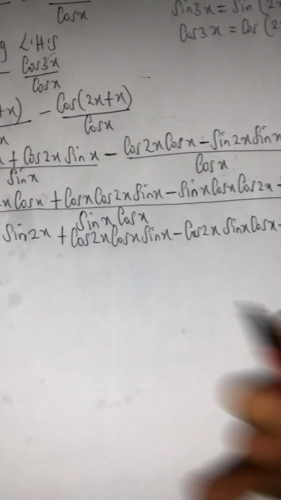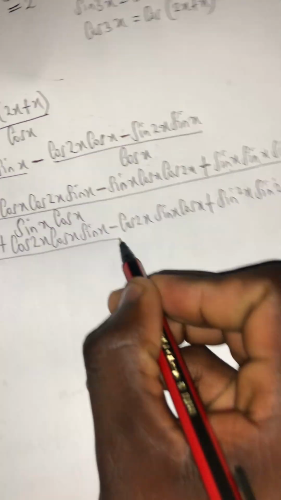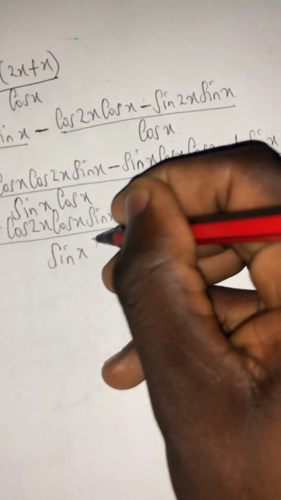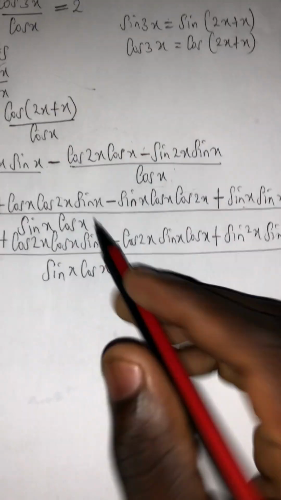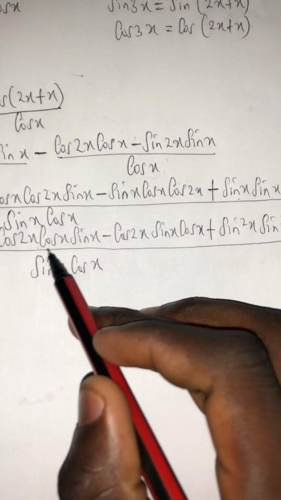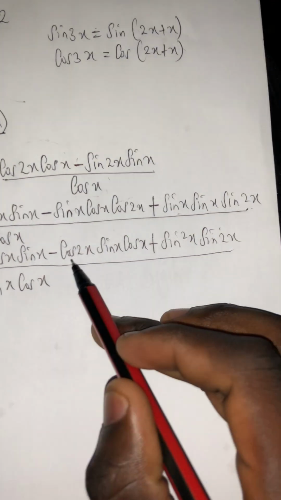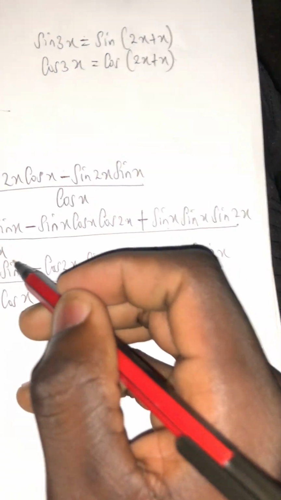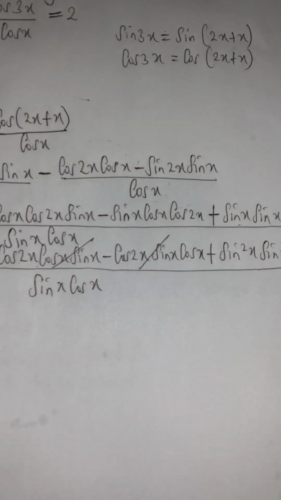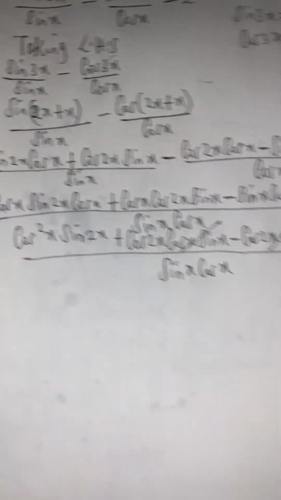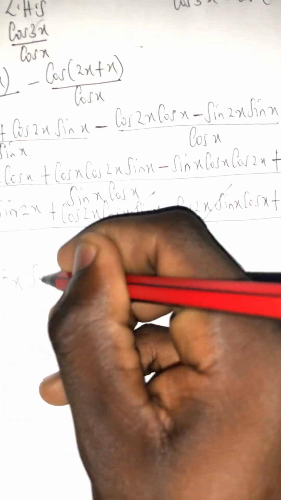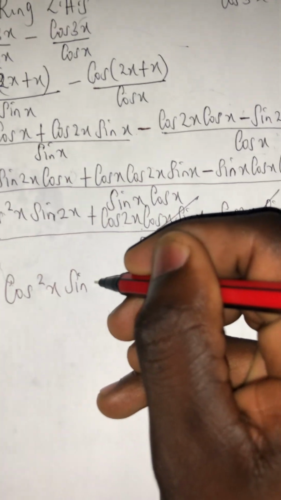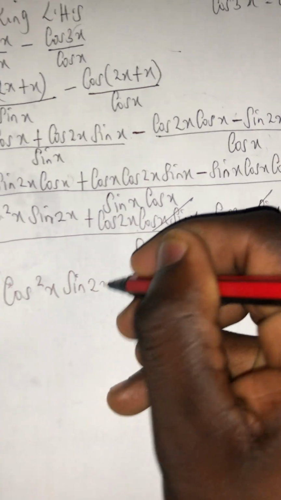Then everything is over sine x cos x. So what I can do here, cos 2x cos x sine x minus cos 2x sine x cos x. So this can cancel because this is just 0. Then what I have is cos square x sine 2x.